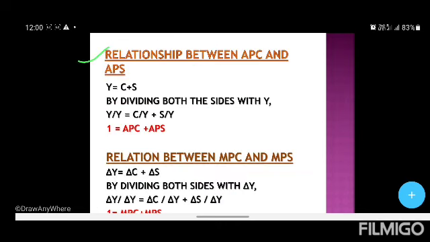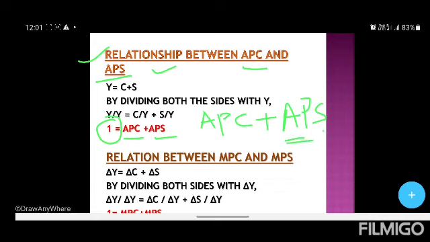The relationship between APC and APS, the average propensity to consume and average propensity to save, is that when they are added, it is equal to 1. So always remember that APC plus APS is equal to 1. And MPC and MPS also, when we add them, it is equal to 1.